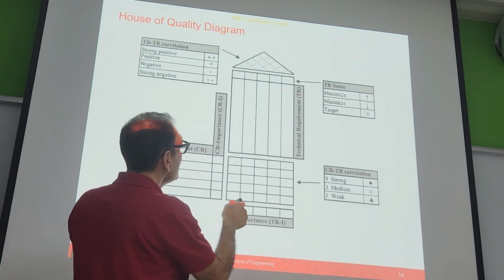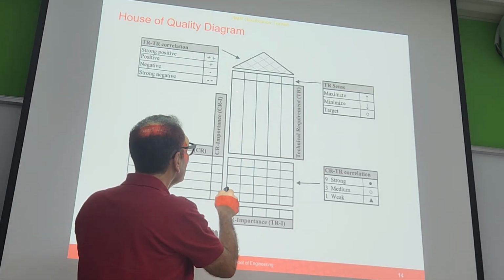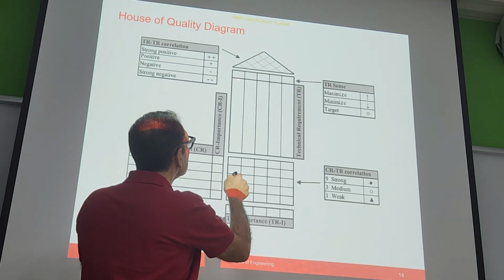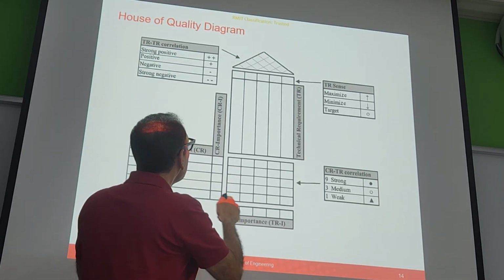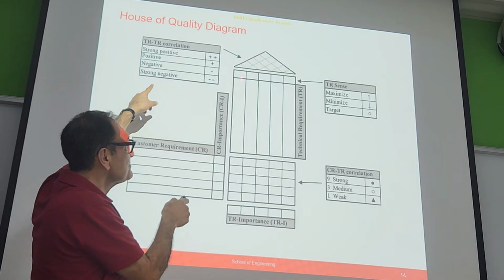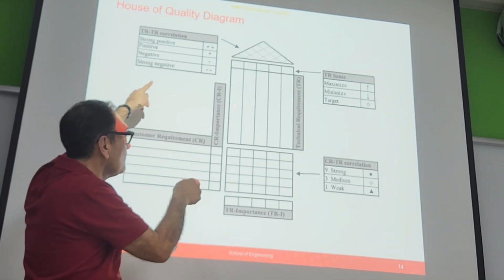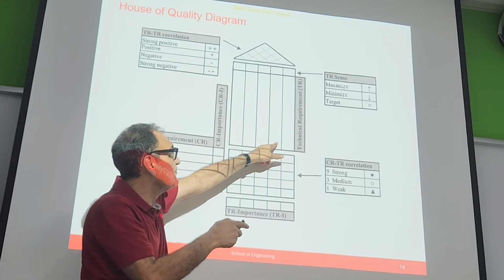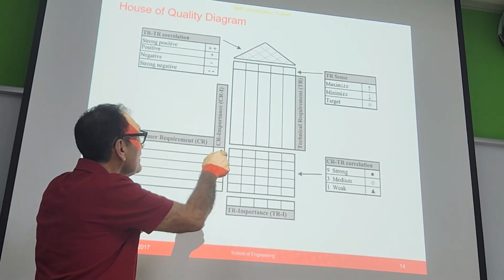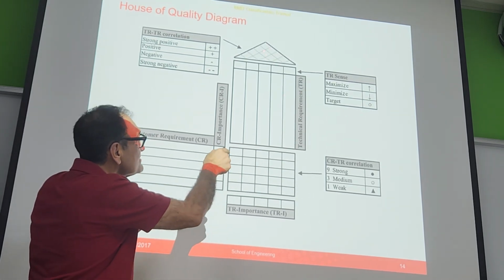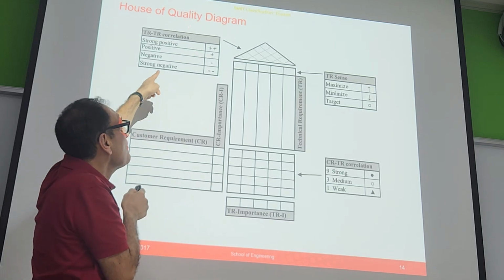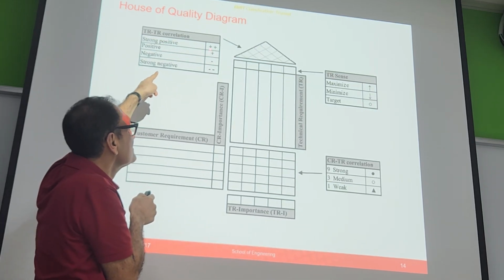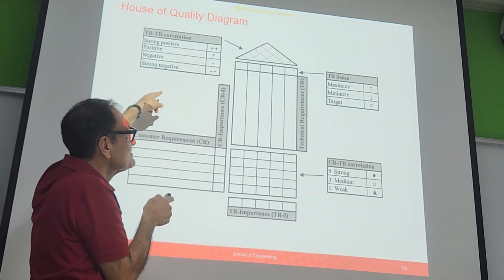The relation between technical 1, 2, 3, 4, 5, technical 1 and 5 is here, maybe is positive, strong positive, you put plus plus.